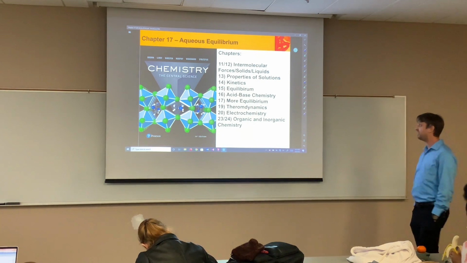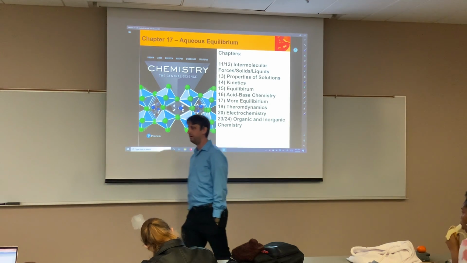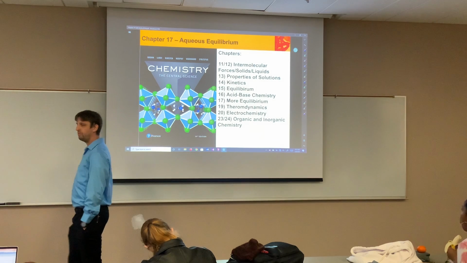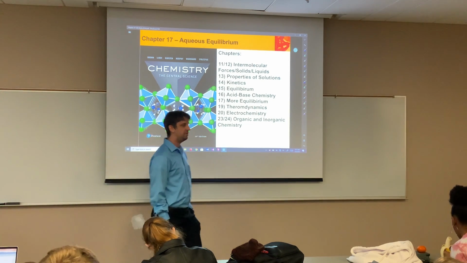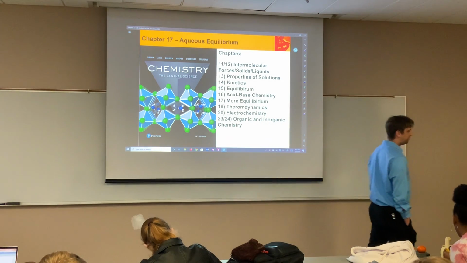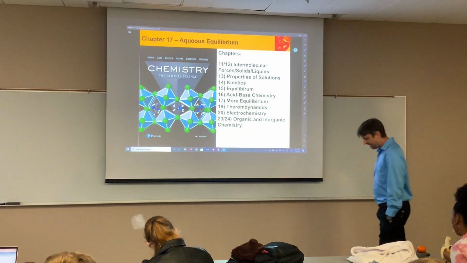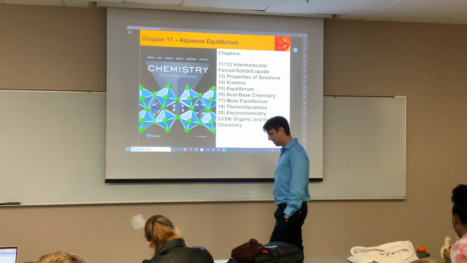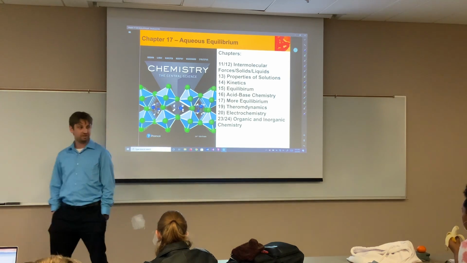But anyway, in chapter 16 we learned about acids and bases. We learned about strong acids and strong bases and weak acids and weak bases, and what happens with the K's for those. What we're going to be doing in chapter 17 is taking those ideas and looking at two broad topics.